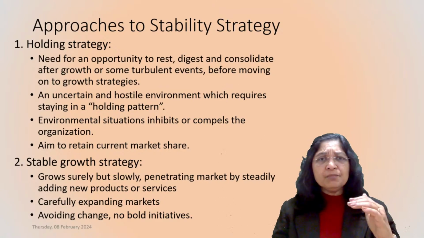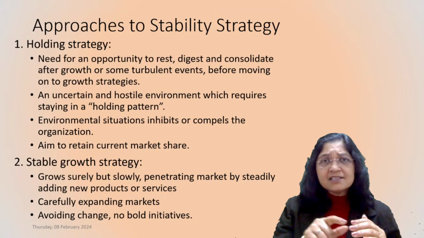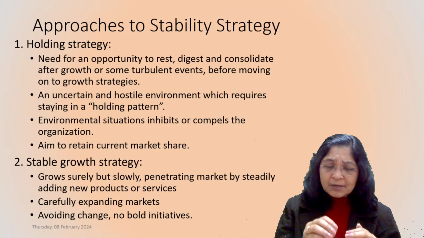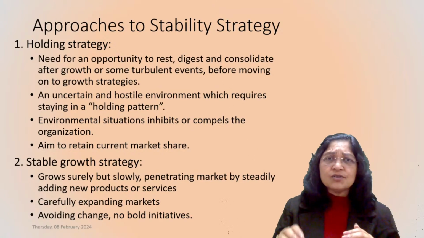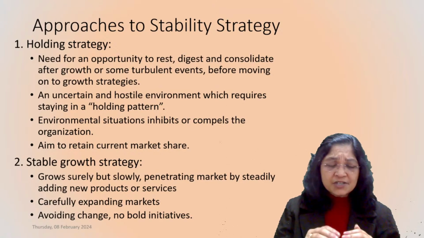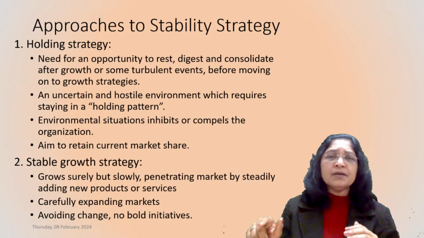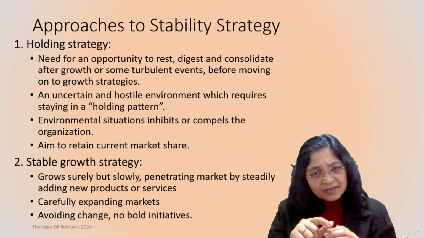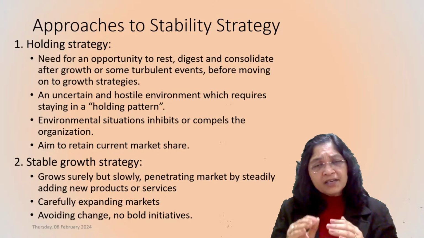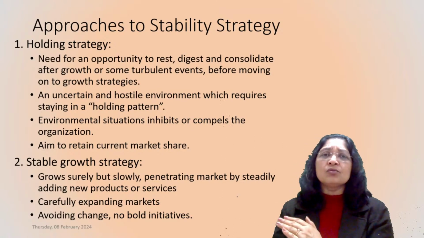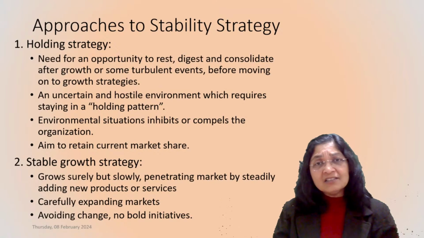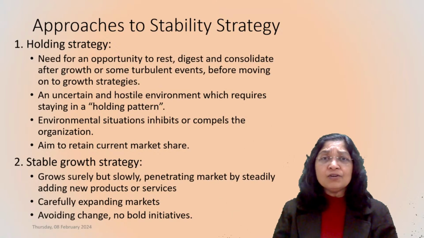Next strategy is the stable growth strategy. We are at position B. All our strategy, plans, tactics and policies would be such that we continue operating at the B level itself, and at the same time we ensure there is gradual growth, not a volatile situation with a sudden spike in our operations.